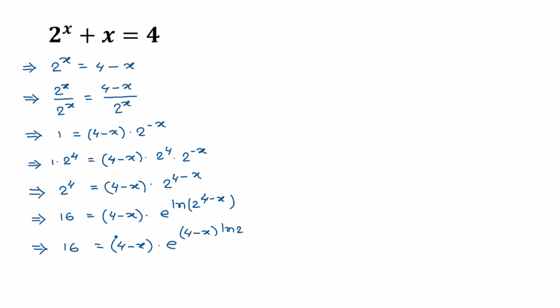So multiplying both sides by ln of 2, we can write 16 times ln of 2 is equal to, the right side will be 4 minus x times ln of 2 times e to the power 4 minus x times ln of 2.